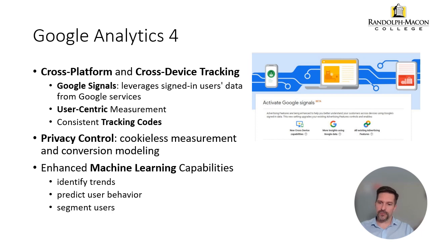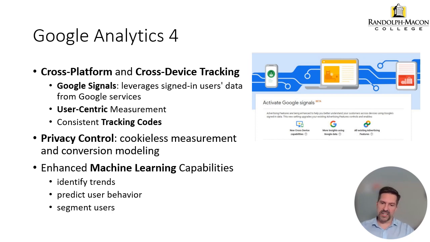You're moving from just looking at cookies on a computer, where the data lives, to actually tracking people across devices, right? And making sure that your data collection mechanism, as much as it can be, is user-centric, right? The way Google does this is by using the idea of Google Signals, which are basically unique tags associated with a user or an individual, right?